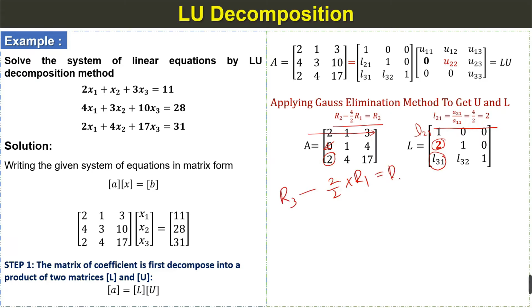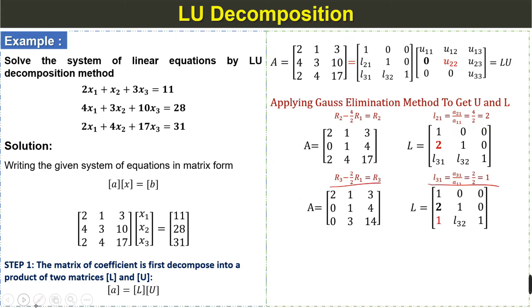This will give us the new R3, and here we have L31 equal to A31 divided by A11, which is 2 divided by 2, so L31 is equal to 1. Now this one is also eliminated, and here we get L31 equal to 1.